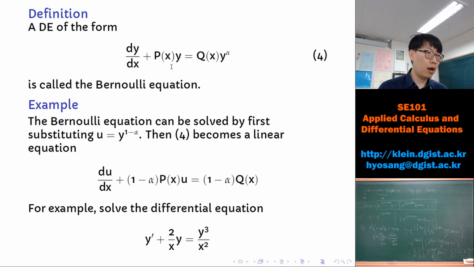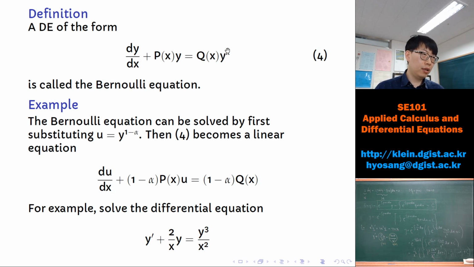So in this case, if alpha is not equal to 1, we call this differential equation a Bernoulli equation. So when you have a Bernoulli equation, this is not a linear equation because we have a degree of y in the non-homogeneous term. Well, this is not even a non-homogeneous term because you have to put the y part to the left-hand side, and what comes in the right-hand side will be a function of x only.